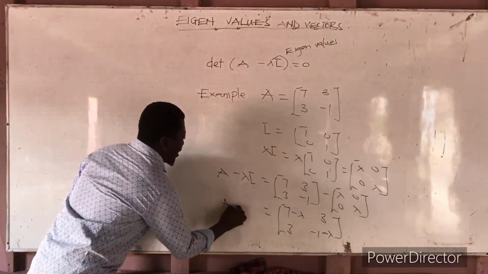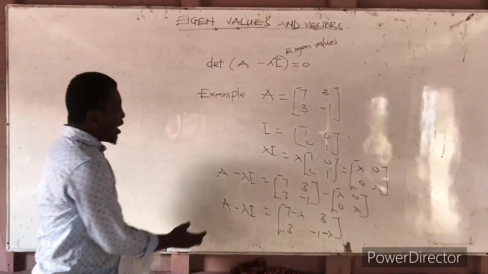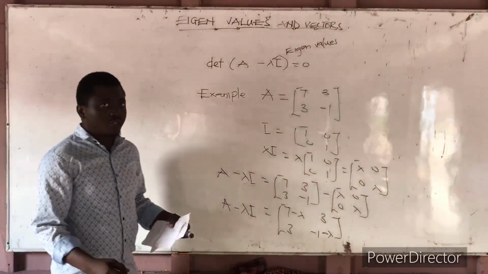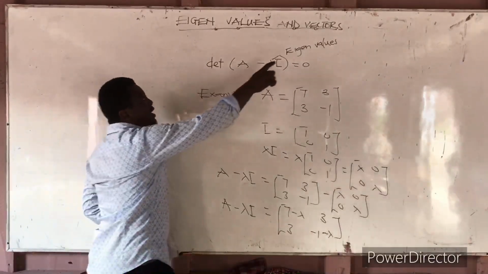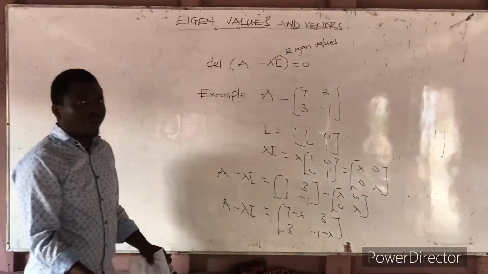That is our A minus lambda I. But is that all? No, that's not all. To get lambda, you must find the determinant. How do you find the determinant of a 2 by 2 matrix?